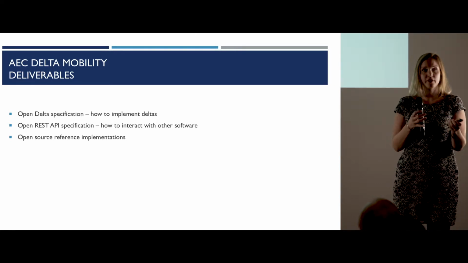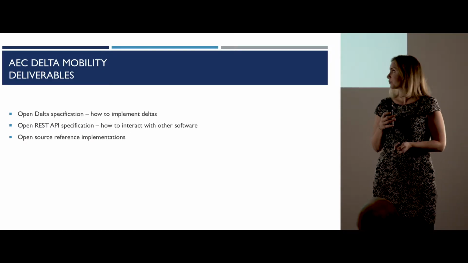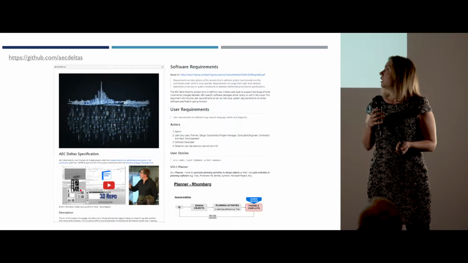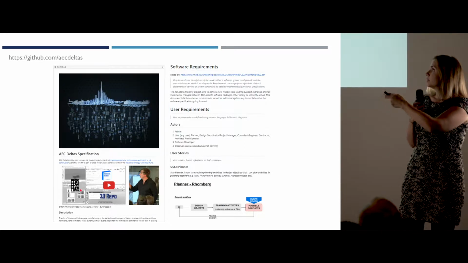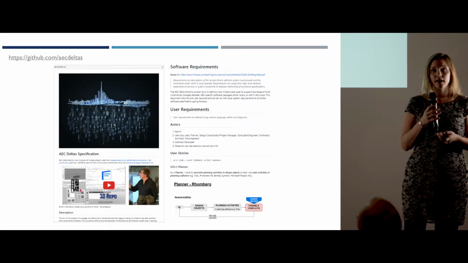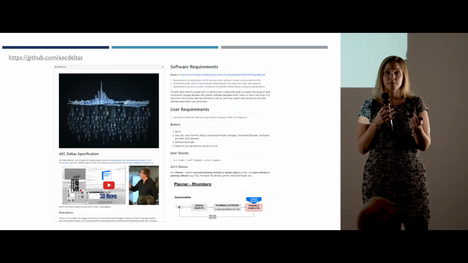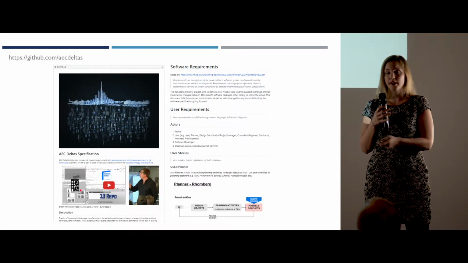So we're trying to do things differently, following an open innovation paradigm. All the information about our project is available on github.com AEC Deltas, where we have some requirements, and we want to hear as much as possible from users in the industry on how we can make this project more relevant.